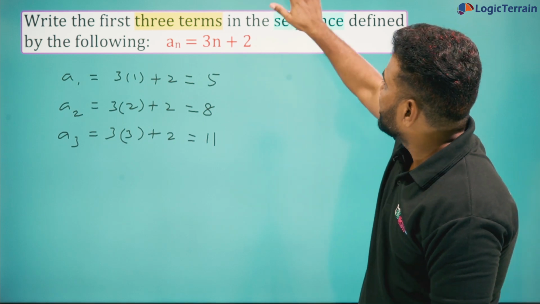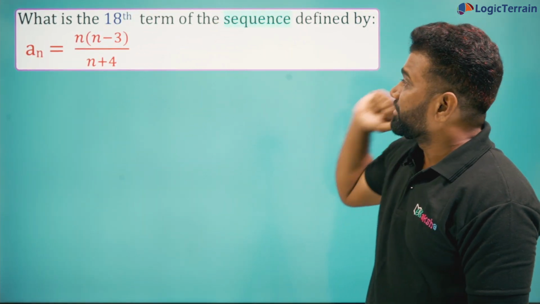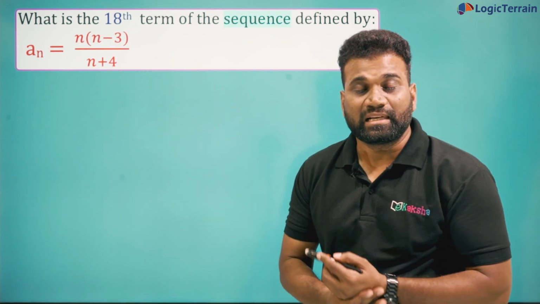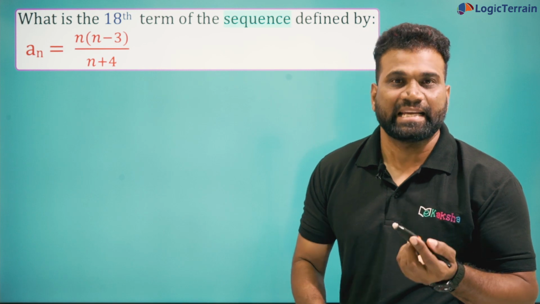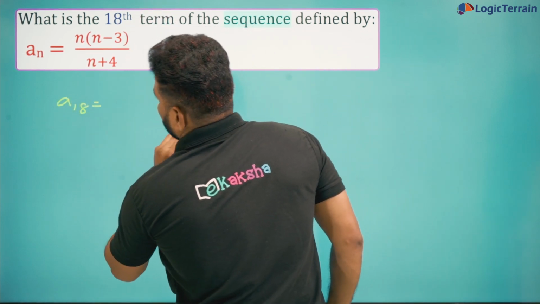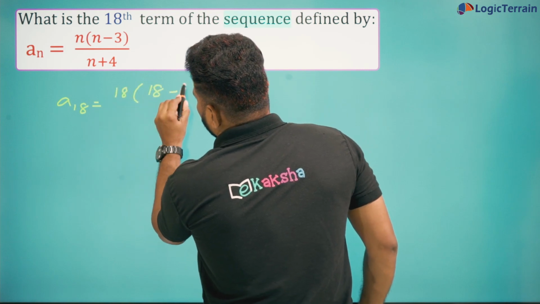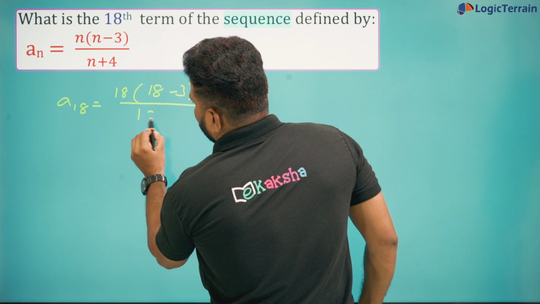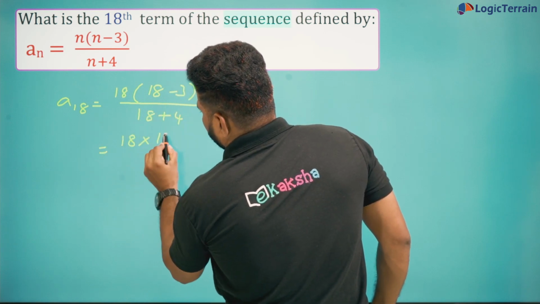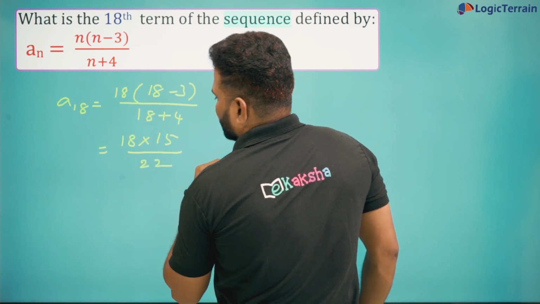Okay, let's see another example. What is the 18th term of the sequence defined by this algebraic expression? In this we need to find the 18th term. So for that we need to replace n as 18, right? So A18 is equal to the 18th position term, that is 18 times (18 minus 3) over (18 plus 4). 18 minus 3 is 15, and here 18 plus 4 is 22.